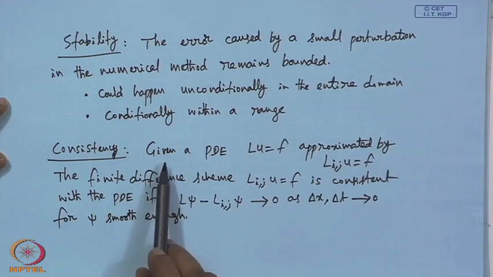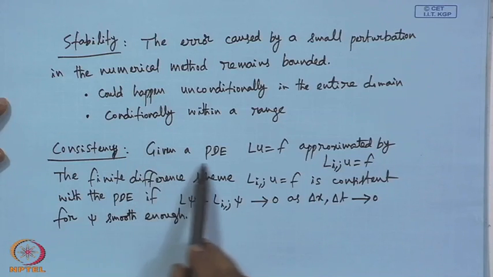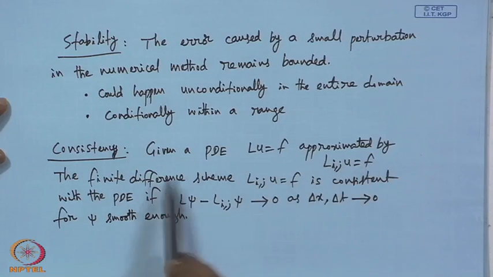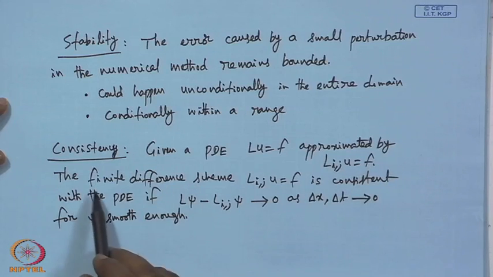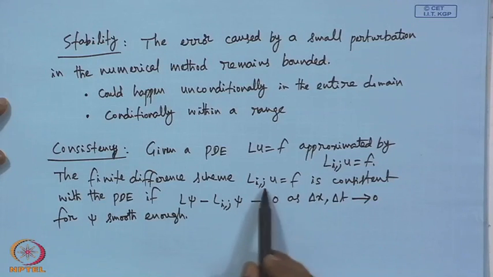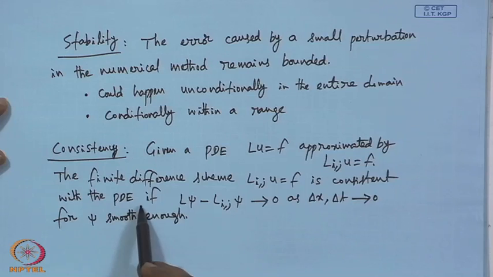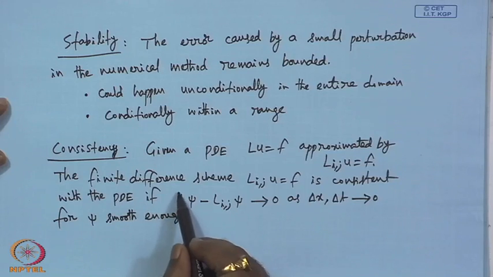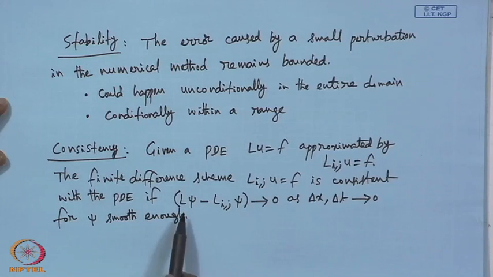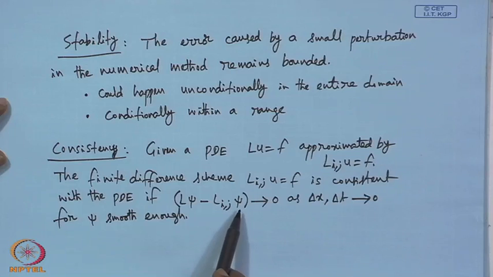So, let us have an understanding. Given a PDE L equal to F approximated by this, the finite difference scheme Lij equal to F is consistent with the PDE if L psi minus Lij psi goes to 0 as these parameters go to 0 for psi smooth enough.